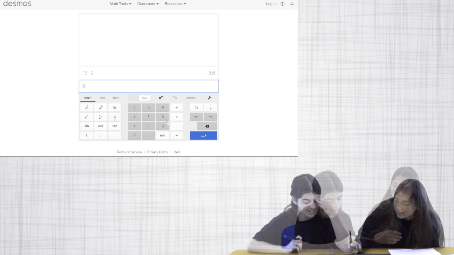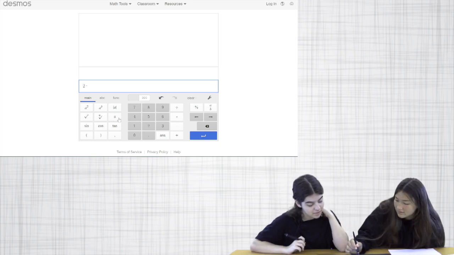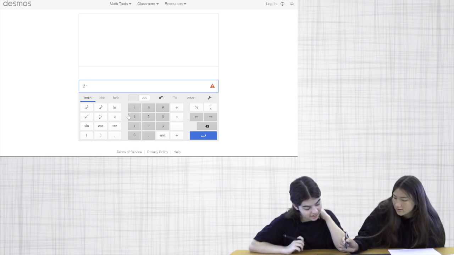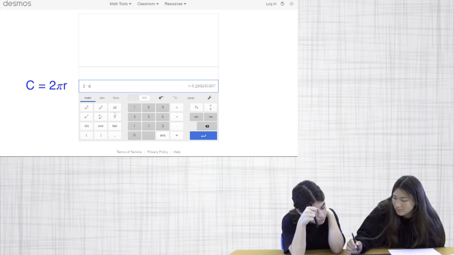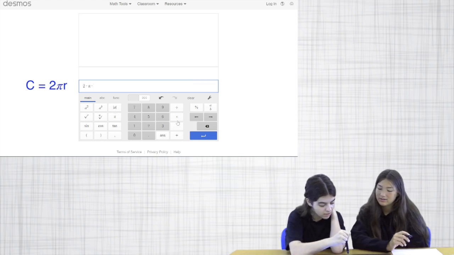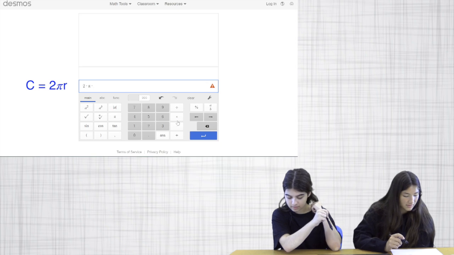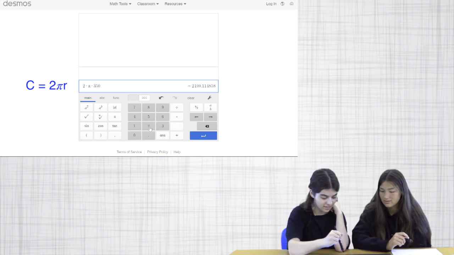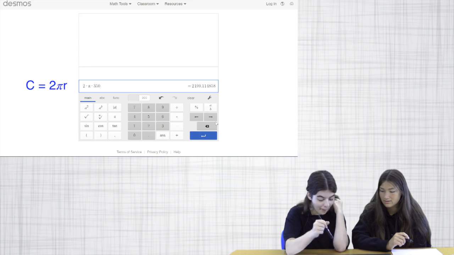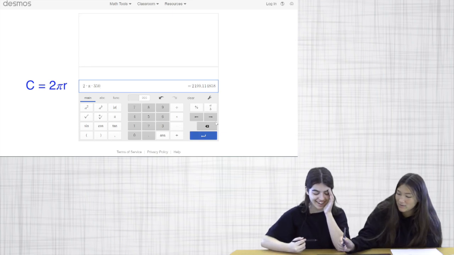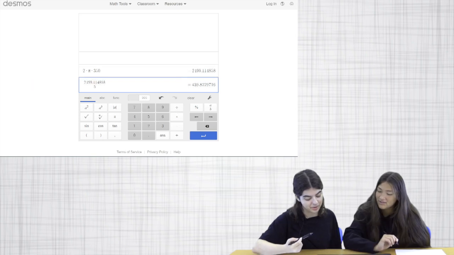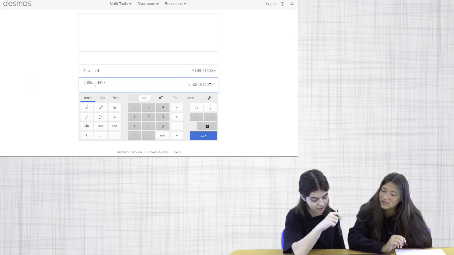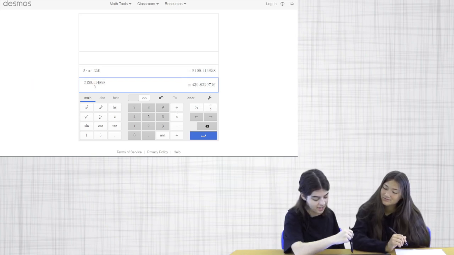The students are now calculating the circumference of the circle by multiplying the radius by 2 pi. What is our R? 350. 2 pi times 350. Okay, now we divide it by 5. So about 400. 439.8. Yeah.